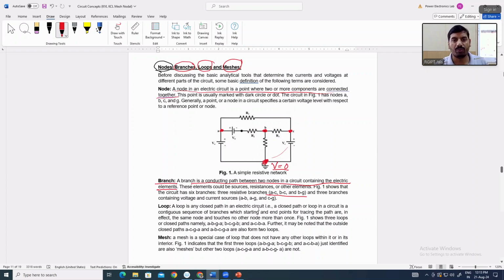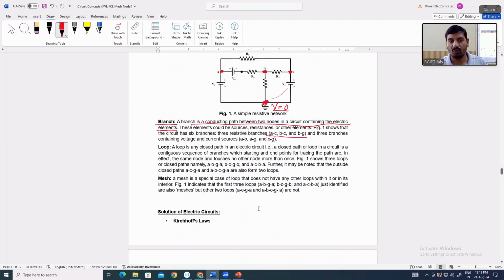Now next is loop. What is loop? Loop is any closed path in an electric circuit. Okay, so the only condition is that two or more nodes should be touched while moving in a loop.